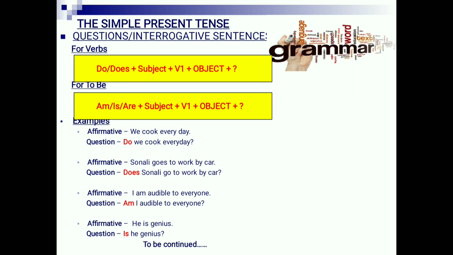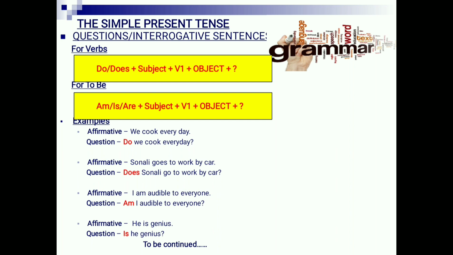Next is Sonali goes to work by car. See, Sonali is a third person singular subject, right? So keep in mind, for a third person singular subject we have to use does, then subject Sonali, and as we have shown here, in simple present tense does is formed by adding es to do, so we have to use V1 as it is.